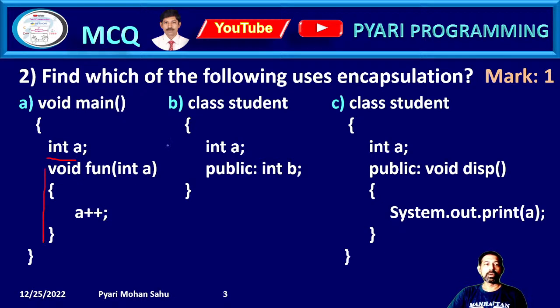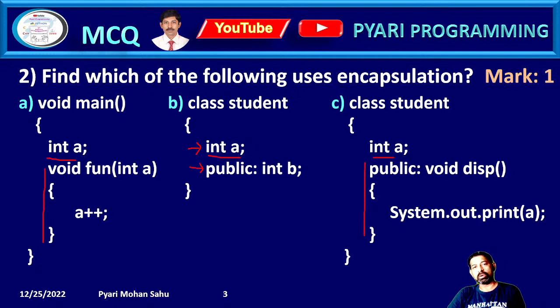Fun is the method. Now we have class Student within which I have instance variables, one default and another with public access specifier, and another class Student where I have int a as an instance variable and a method. Now all these three codes are OOPS code only, Java code only.